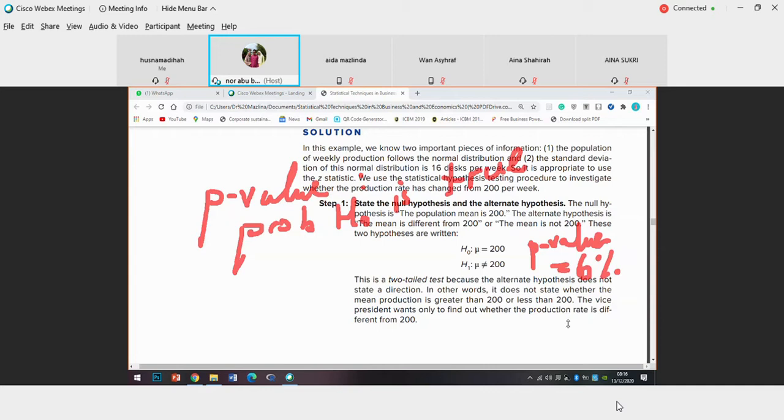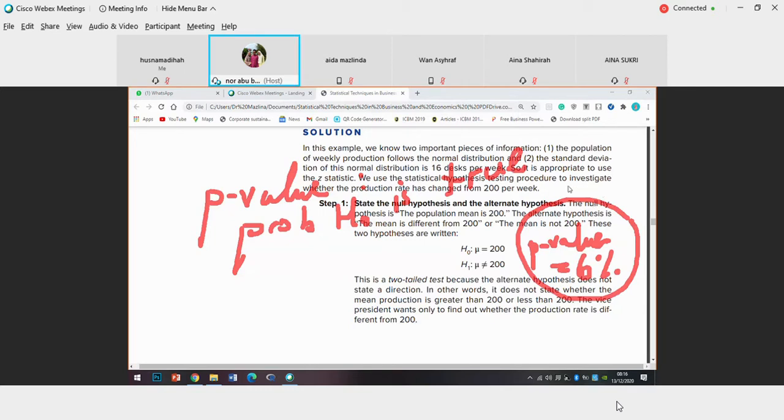Okay, nak tanya Aina. Tinggi ke rendah ni kalau 6%? Aina, can you answer? Jawab. Okey, ataupun kita tanya yang bijak lah.